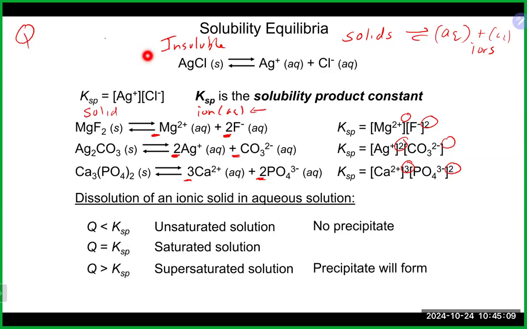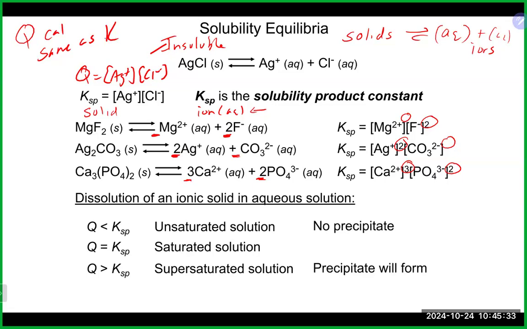And if it's not at equilibrium, which way it needs to go to reach equilibrium. Q is calculated the same as K, basically, right? And the expression is the same. So if you were going to do Q for this, Q would be the concentration of silver times the concentration of chloride. And you could compare Q to the KSP value.